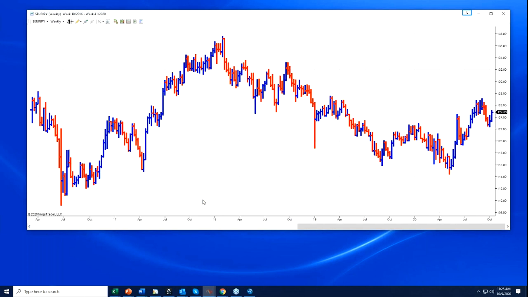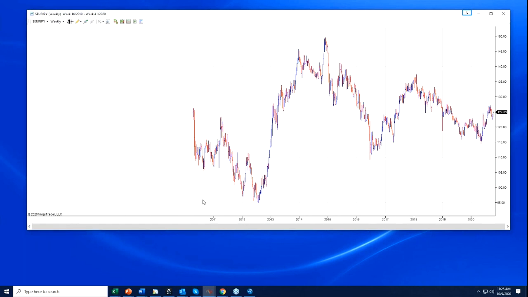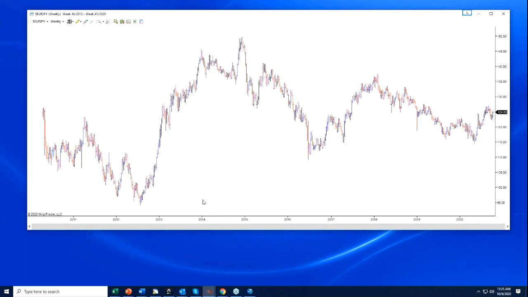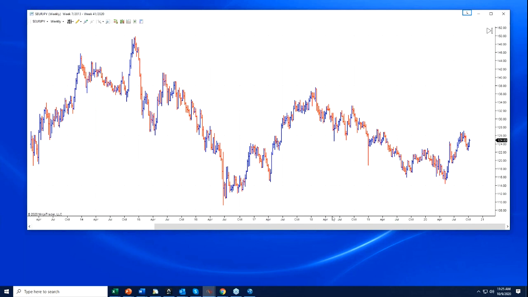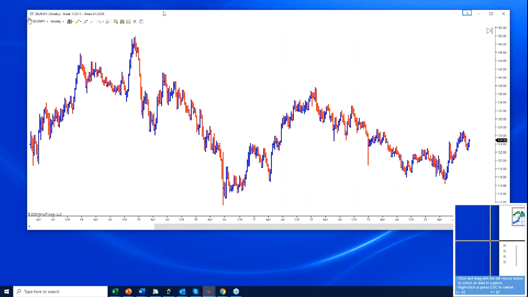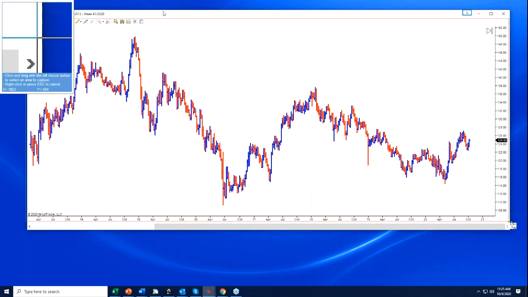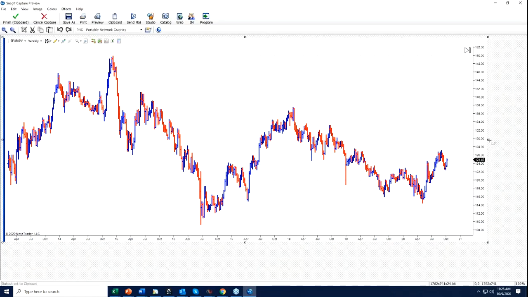Sometimes things just line up and they just look so clear. So this is where you get into some ambiguity, and what I don't like about ambiguity is that when the market goes against you, you can start making a case for the other side.